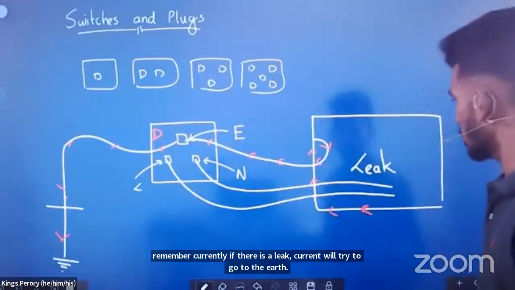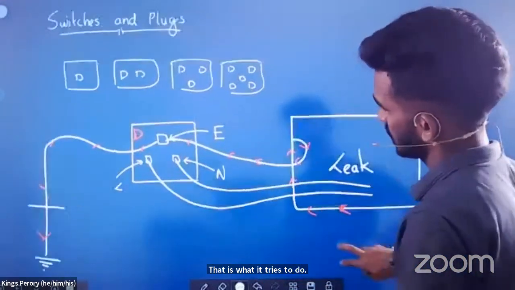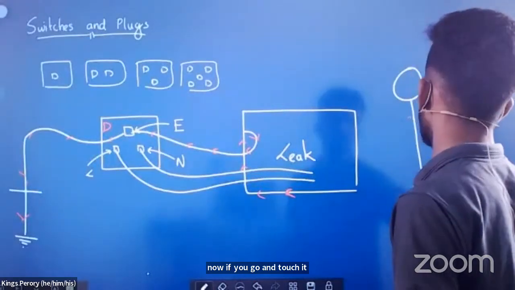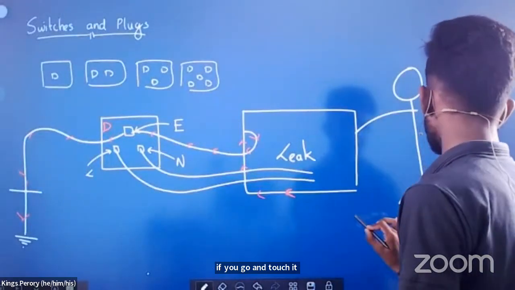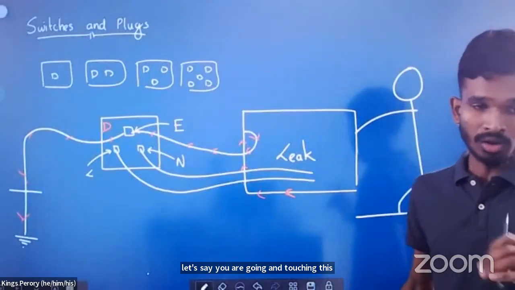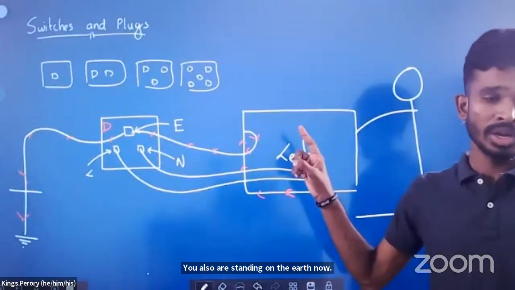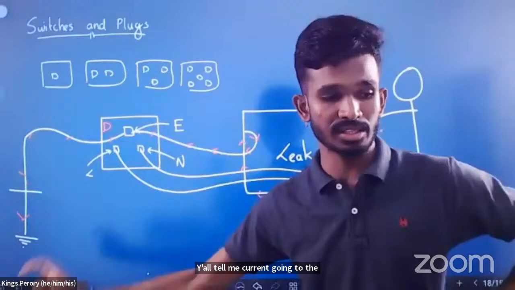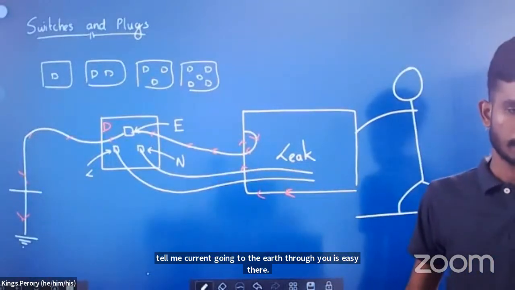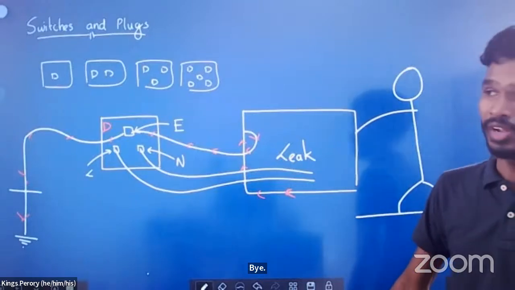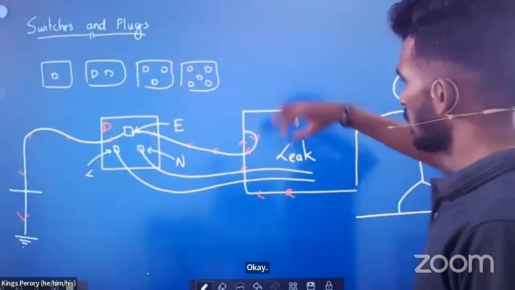Now, if you go and touch it, you are also standing on the earth, no? You tell me, will the current go to the earth through you, or through the wire? Through the wire is easy.